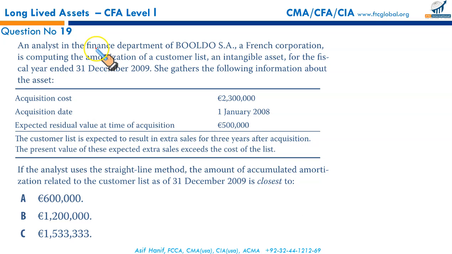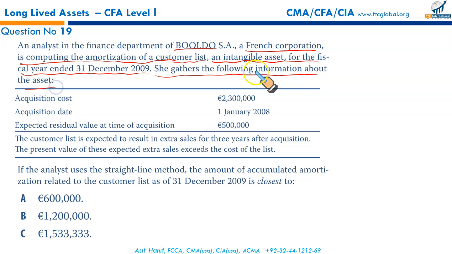An analyst in the finance department of Bouldo, a French corporation, is computing the amortization of a customer list, an intangible asset, for the fiscal year ended 31st December 2009. She gathers the following information about the asset: acquisition cost, acquisition date, expected residual value at the time of acquisition, 500 euros.